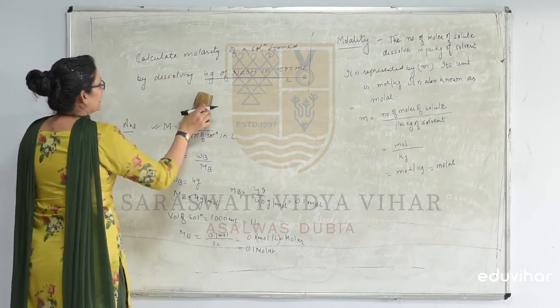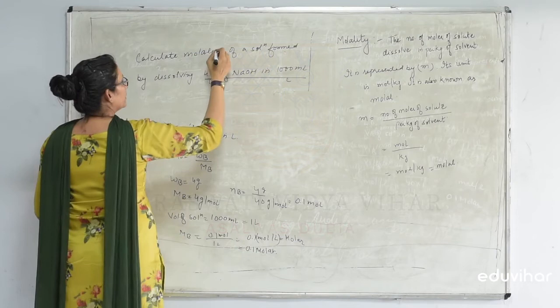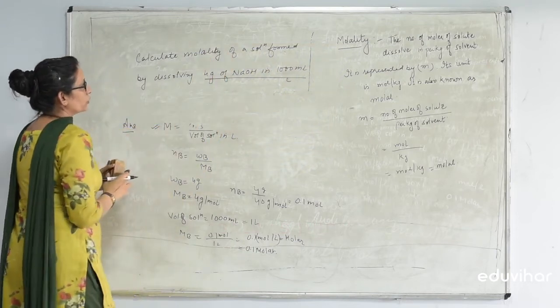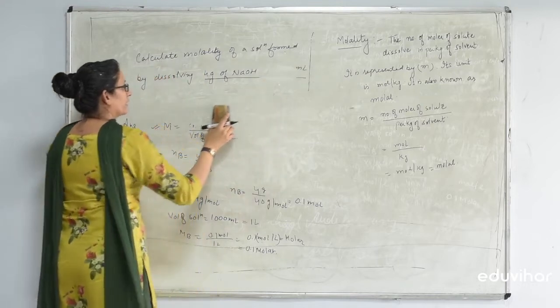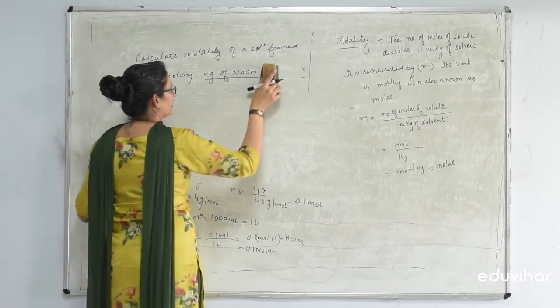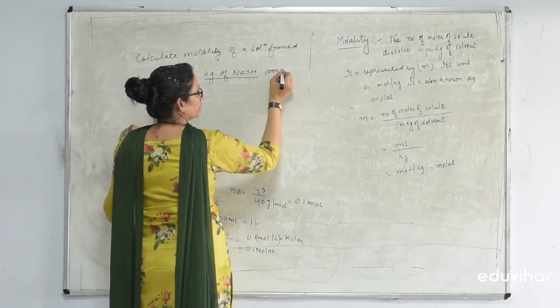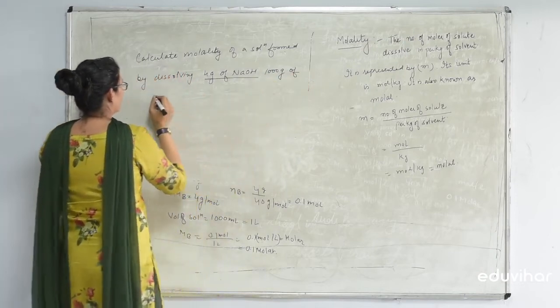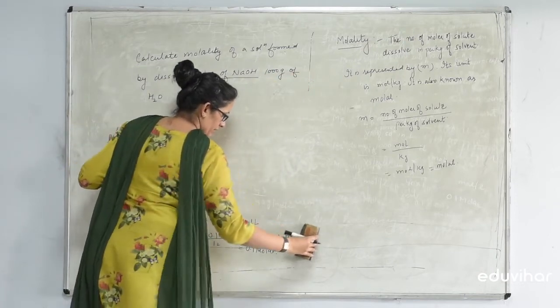If I am saying calculate the molarity of a solution formed by dissolving 4 gram of NaOH in 1000 gram of water, then what is the molarity?